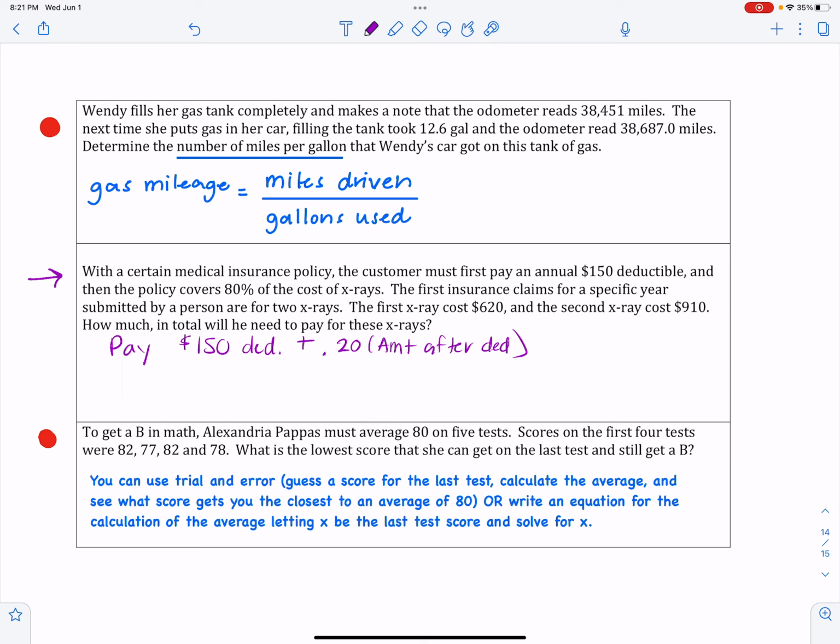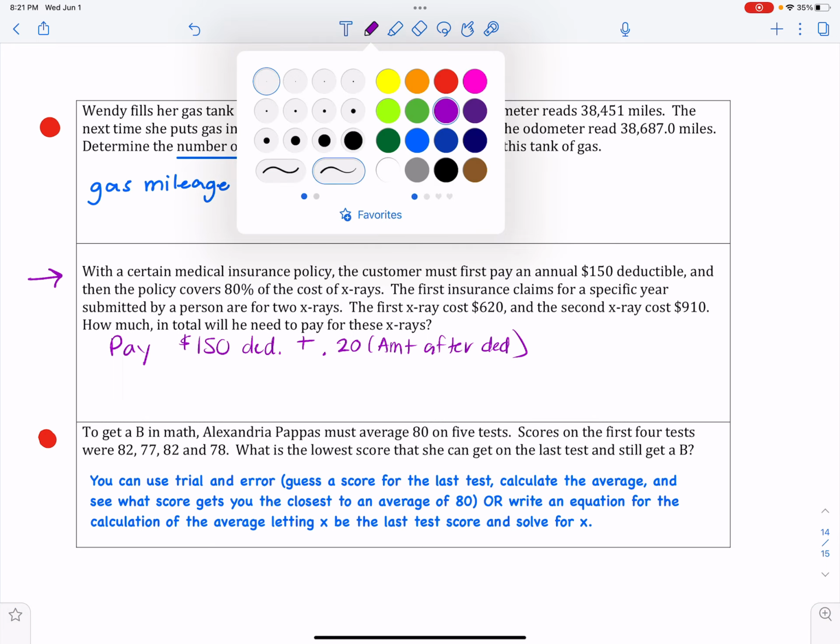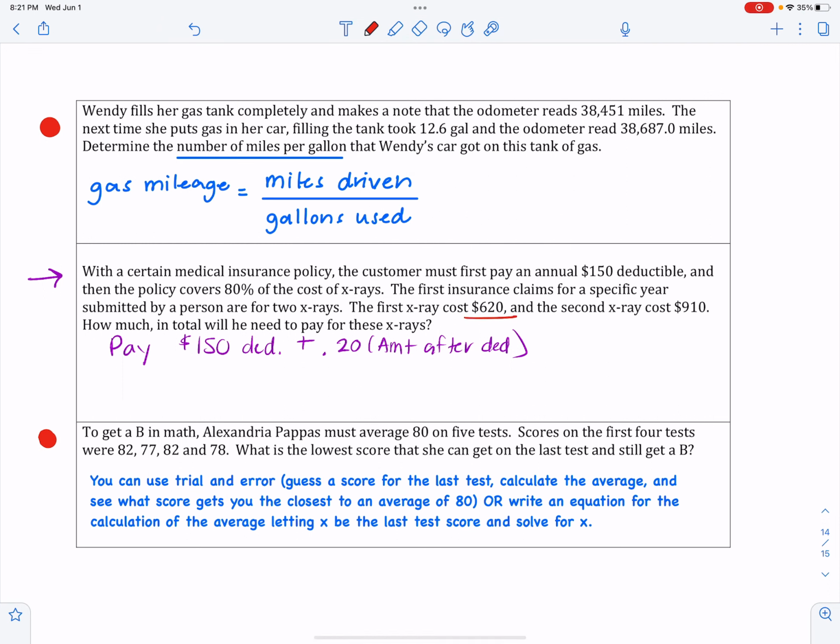All right. Now, the insurance claims are for 2 x-rays. The first x-ray cost $620. The second cost $910. Let me go ahead first and figure the total cost, which would be $620 for the first and $910 for the second, right?